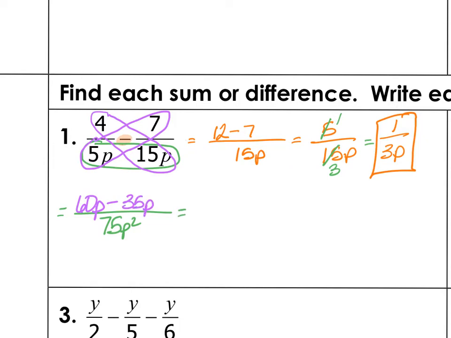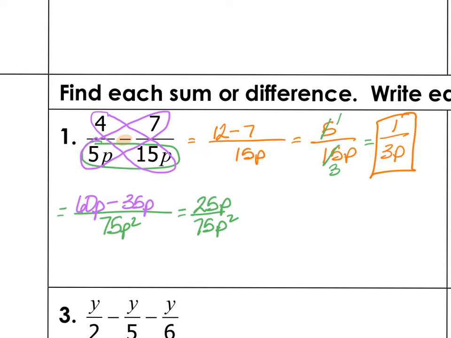Okay, so now I'm going to do 60 minus 35. Ooh, that is so not right. Minus 35 is 25p over 75p squared.